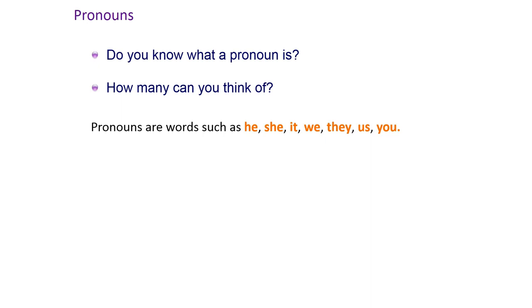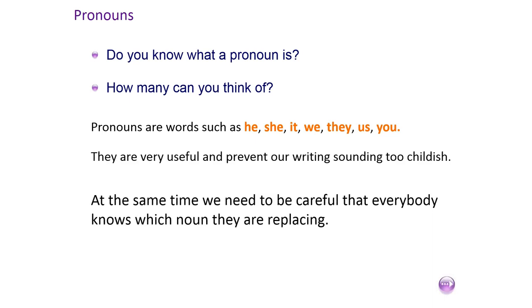We also have some possessive ones as well, like their and mine. They're very useful and they prevent our writing sounding too childish, so we're not repeating the noun all the time, because they're used to replace a noun. However, at the same time, we need to be very careful that everybody knows which noun they're replacing.